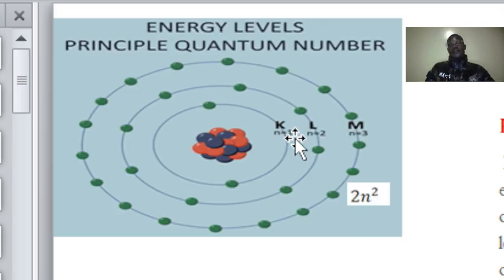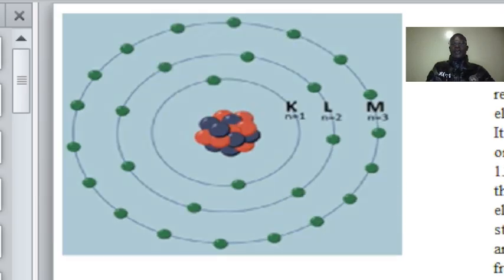For the L shell, the quantum number is 2, so we clearly have 8 electrons in the second energy level. In the third energy level, we have 18 electrons, and it keeps on increasing from K to P. As you move away from the nucleus, the number of electrons obtained by each principal quantum number increases, and this formula informs that increment.